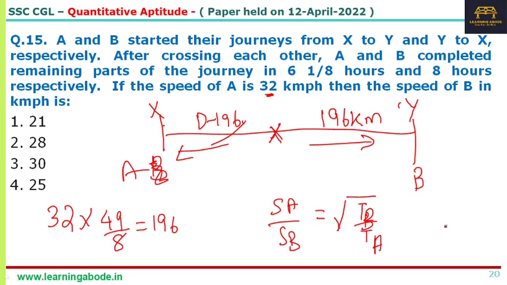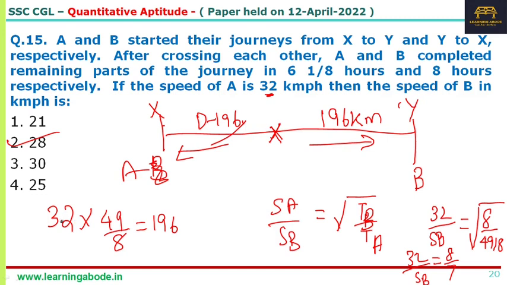Here, speed of A is given as 32, and speed of B is what we have to find out. The time taken by B is 8 hours and the time taken by A is 49 by 8. So we get 32 by speed of B equals 8 by 7. So speed of B is 28 km per hour.